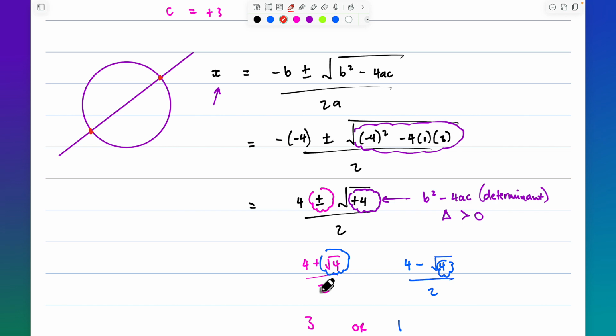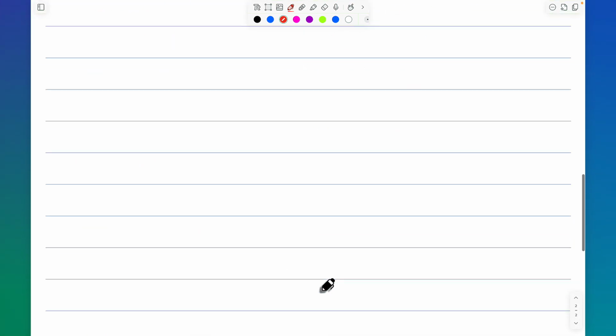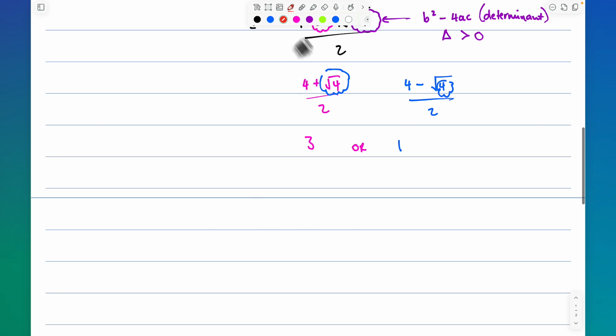Okay, so essentially, if you want to summarize this video, when your discriminant is greater than 0, this means you have 2 points of intersection.